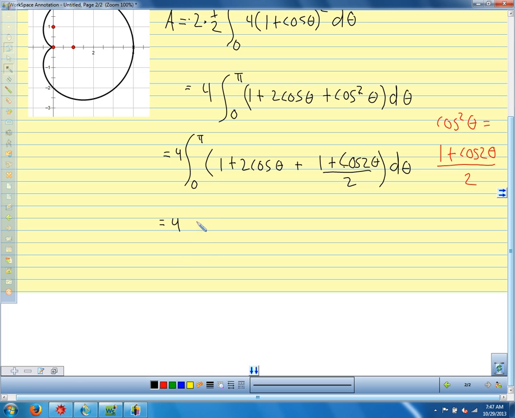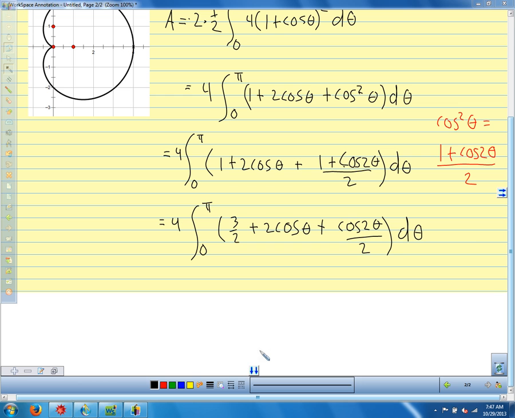So I'm going to rewrite that as the integral from 0 to pi of 3/2 plus 2 cosine theta plus cosine 2 theta over 2 d theta. So I just took this 1/2 with this term and added it to this 1 to get the 3/2.